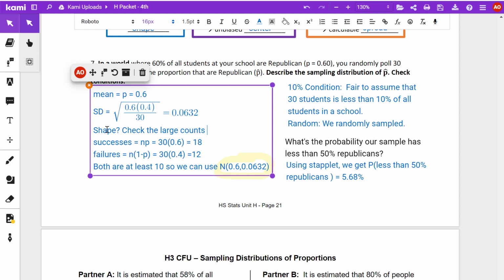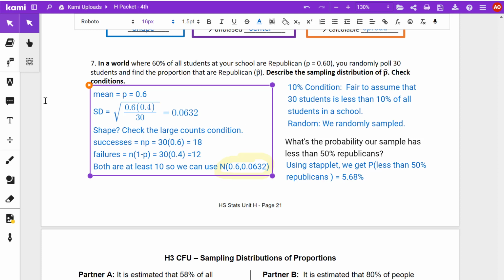In this example, we have a world where 60% of all students at your school are Republican, p equals 0.60. By the way, highly unlikely in a high school because younger people tend to trend more Democratic than Republican, but this is just a hypothetical. You randomly poll 30 students and find the proportion that are Republican, p hat.